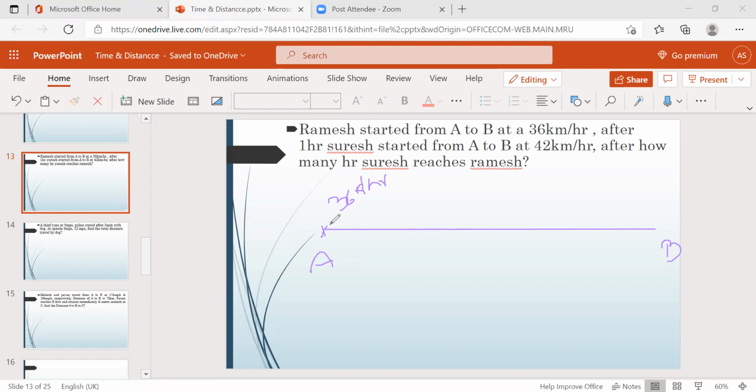And next, Suresh. Suresh also started from here only, the same place, but at 42 kilometer per hour, right? 42 kilometer per hour.